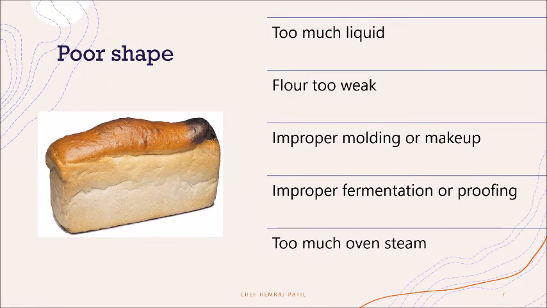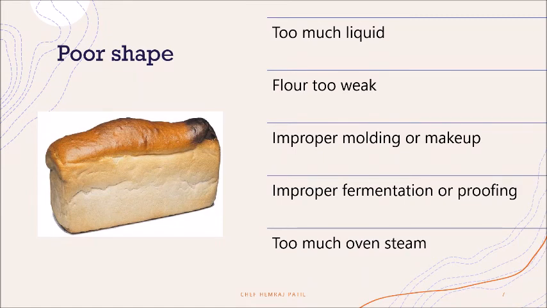Next cause is improper fermentation or proofing. In the previous videos you can see that I have made a video on the 12 stages of bread making. In that video I have explained what fermentation is, and what the difference is between fermentation and proofing.